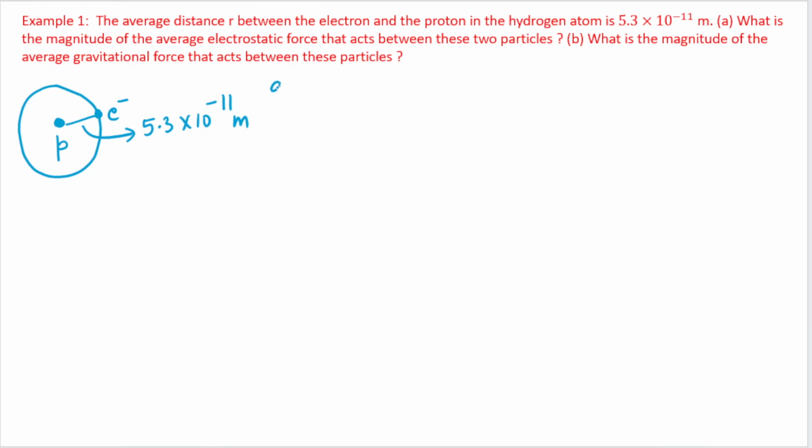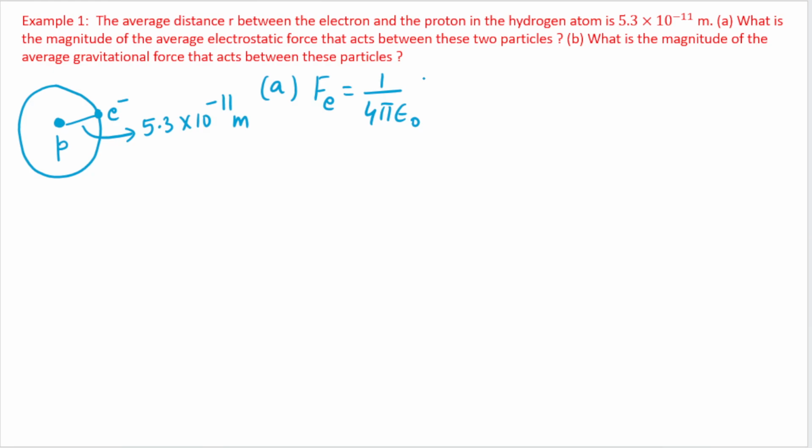To solve for part A, we will write the Coulomb's formula. So F of E, the force on the electron, is equal to 1 by 4 pi epsilon 0 Q1 Q2, where Q1 is the charge of the electron and Q2 is the charge of the proton.